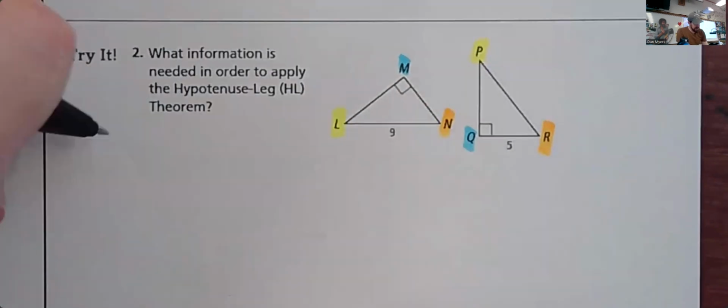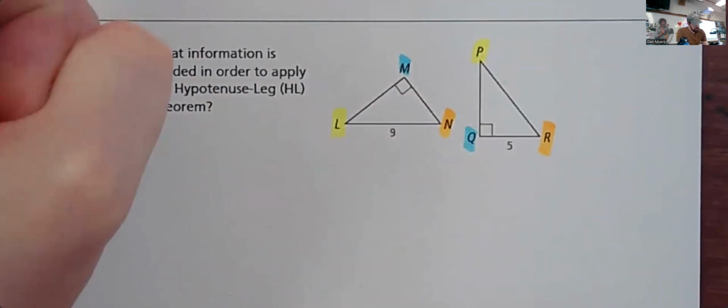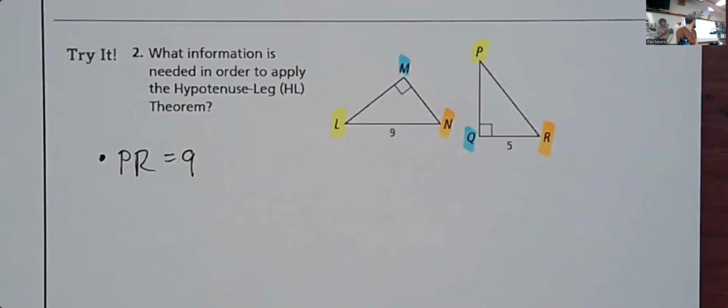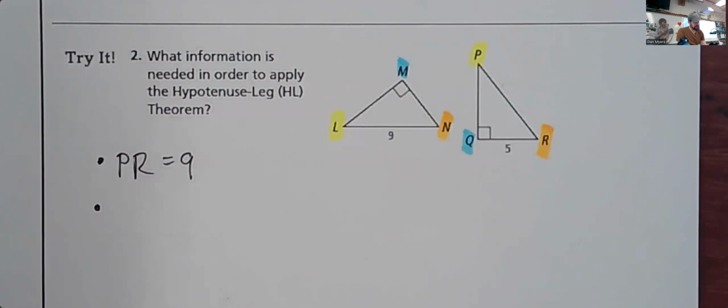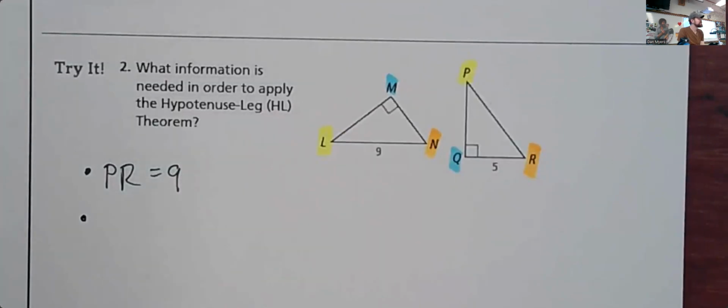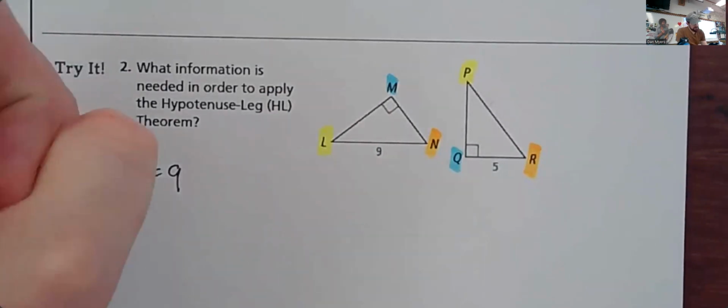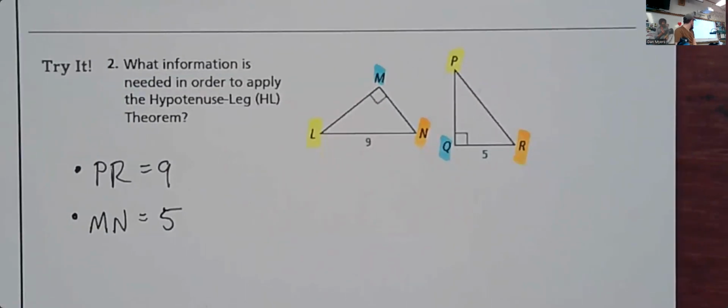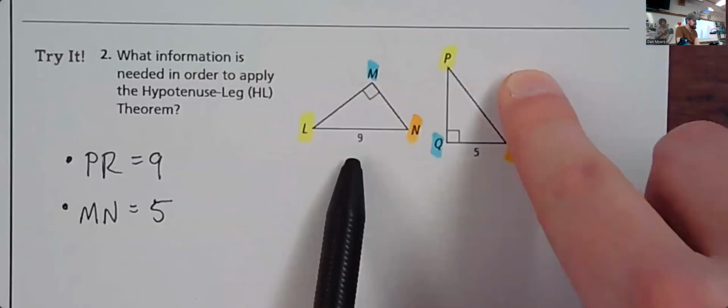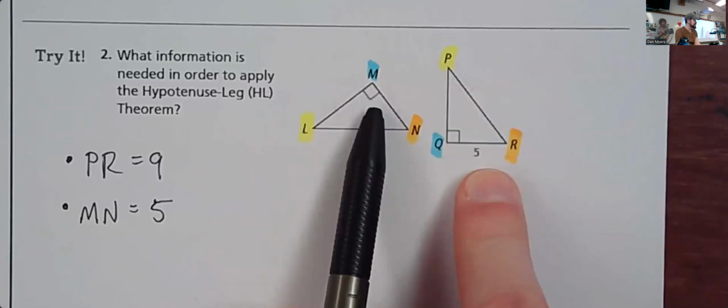So first thing that needs to happen, PR equals 9. What information is needed? We need to know that PR equals 9. What other piece of information do we need to know to use HL here? Yeah, that MN is equal to 5. Good. Those two things would be enough to use HL, because if the hypotenuses are the same and the corresponding legs are the same length, then the triangles are the same size.